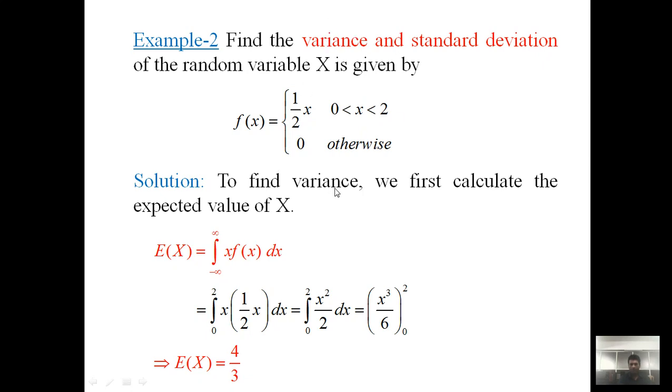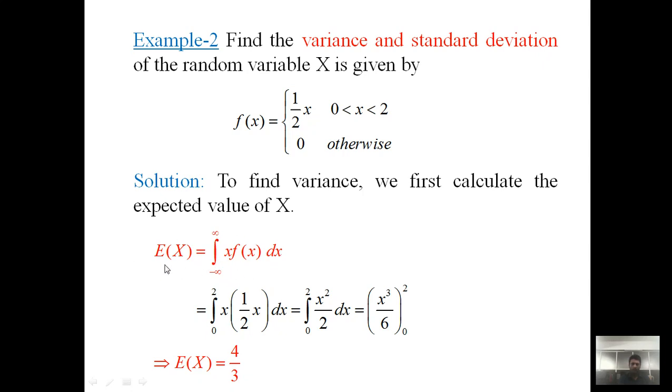To find the variance, we first calculate the expectation, that is E of X. In the previous example we calculated the variance and standard deviation for a discrete random variable, and now in this example we have to calculate them for a continuous random variable.